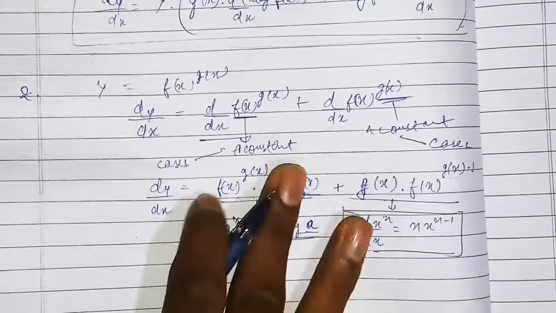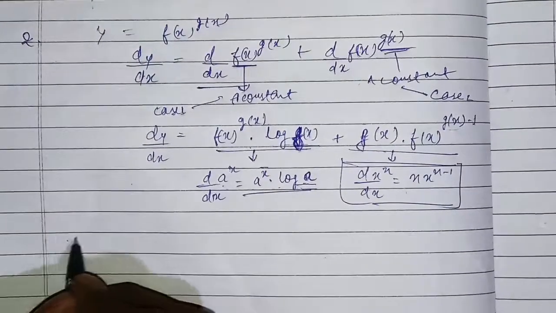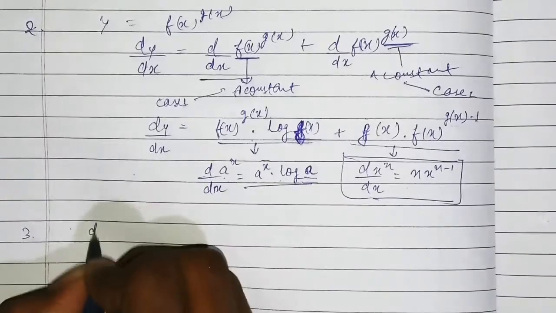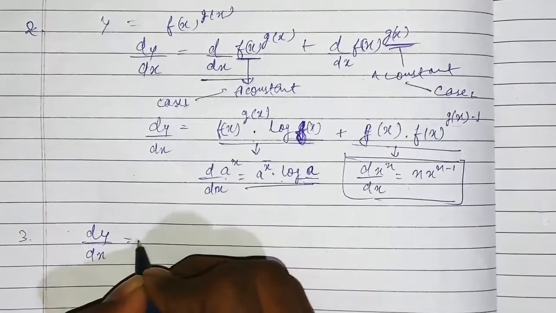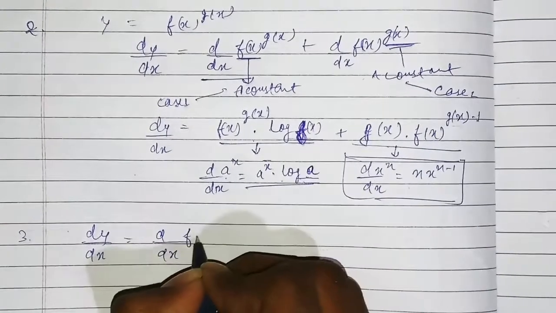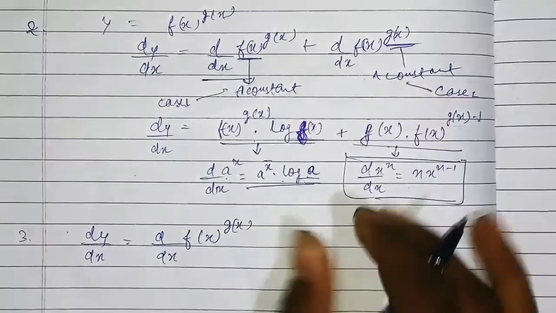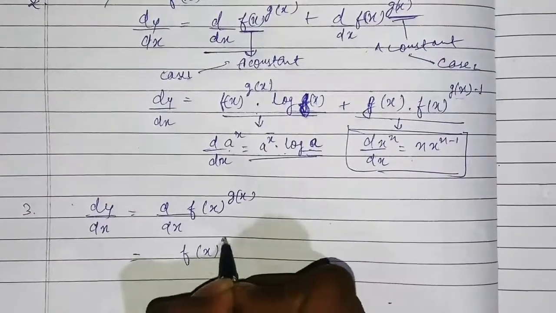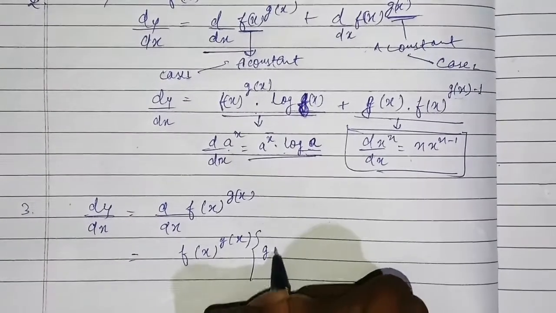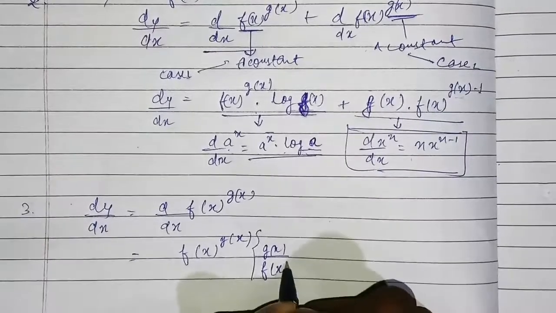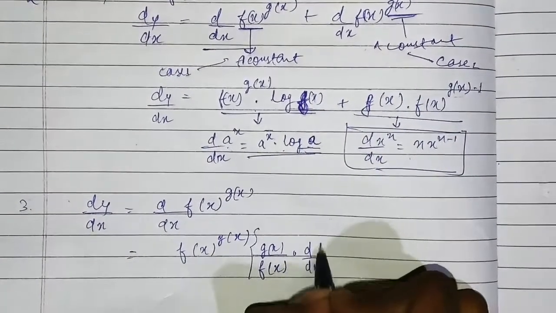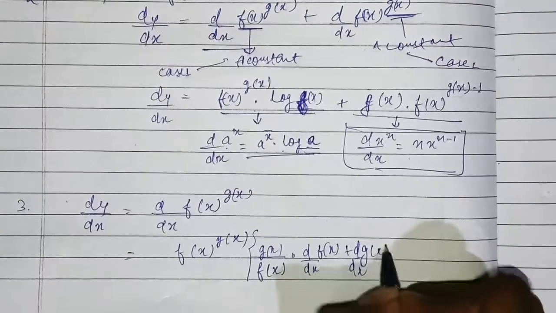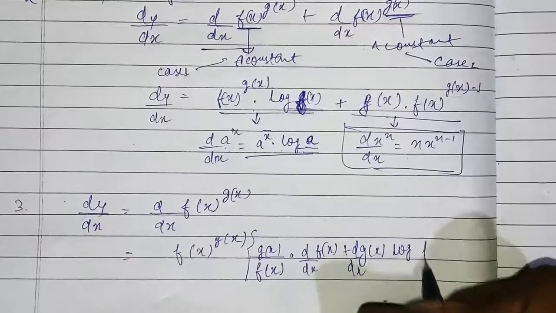Now, the final trick. This is the short trick. dy by dx of f of x to the power g of x equals f of x to the power g of x into g of x by f of x into d by dx of f of x plus d by dx of g of x log f of x.